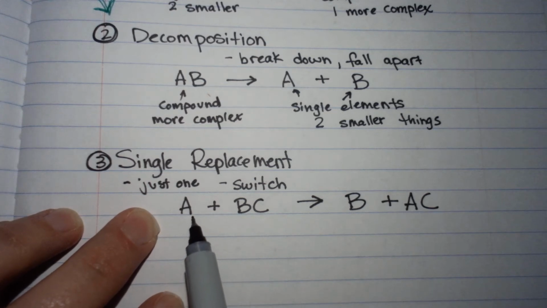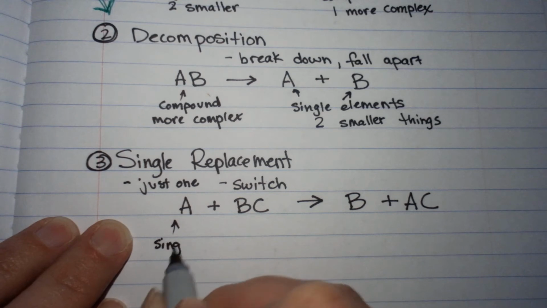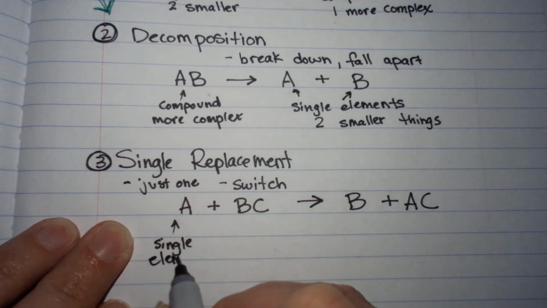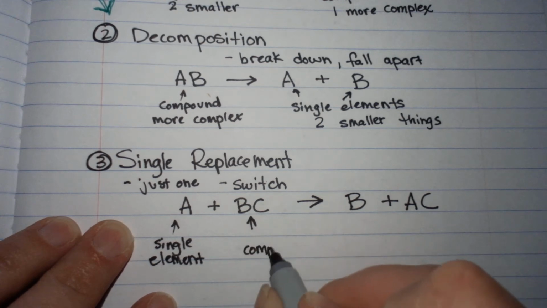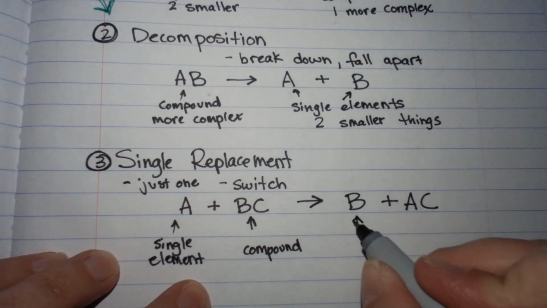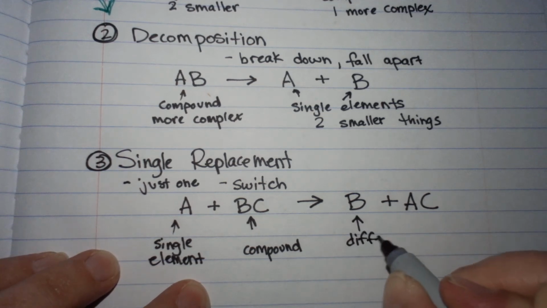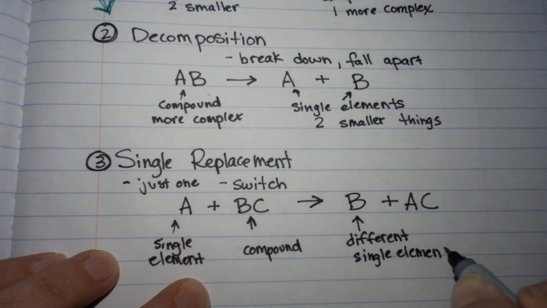So what happened? Just one switched. So we had a single element. Notice you start with a single element and a compound. And you produce a different single element and a new compound.